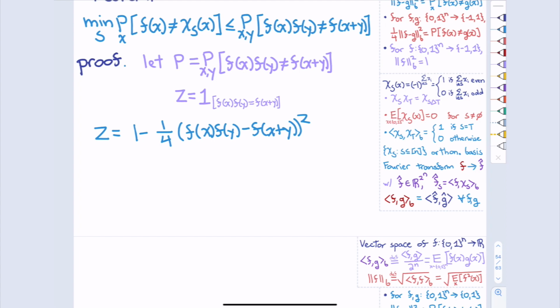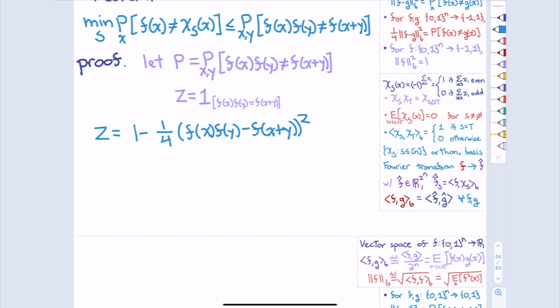I'm not wrong. Okay, so if f of x f y is equal to f of x plus y, then you get 1 minus 0, so Z is equal to 1. I think Z is supposed to indicate that you passed the test as opposed to fail, but we'll just see. Hopefully the rest of the notes hold up.